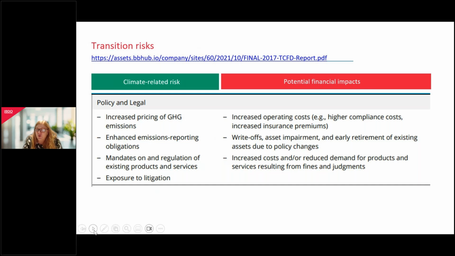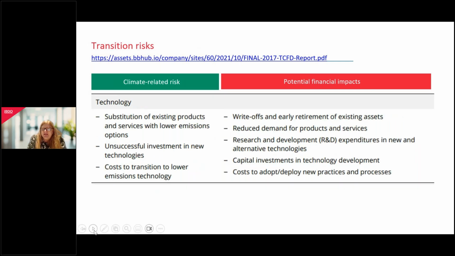Maybe we want to talk about demand for products per service line. Maybe we want to measure fines and judgments. So these are all ideas of metrics you could implement if you thought policy and legal is a risk for your business. The same with technology.